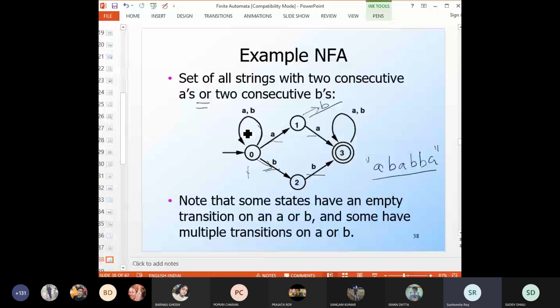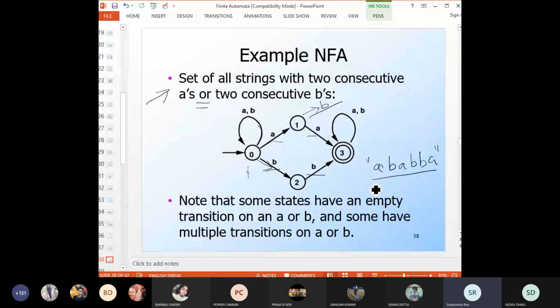But when you are asked to design a finite automata, suppose you are given the specification in English-like language, a set of all strings with 2 consecutive A's or 2 consecutive B's. Here, drawing this finite automata might come more naturally. This kind of finite automata is what is called a non-deterministic finite automata.